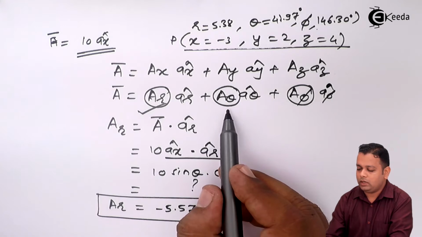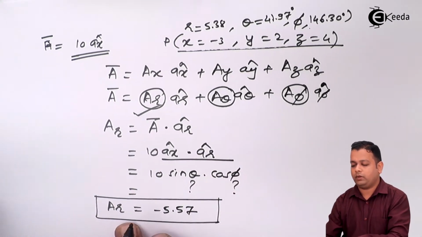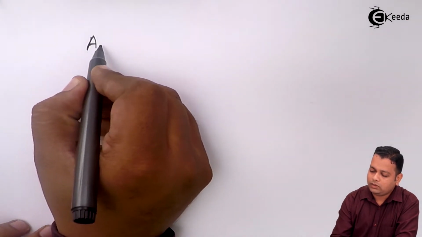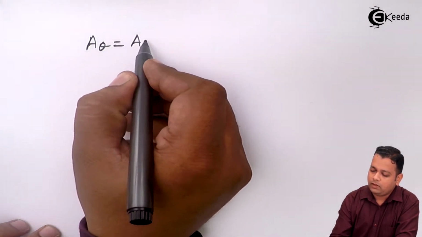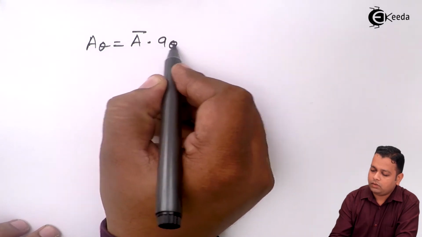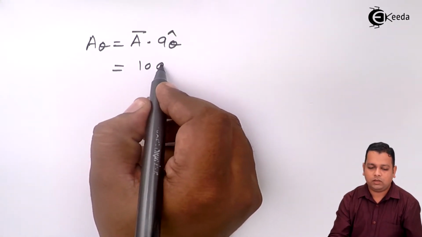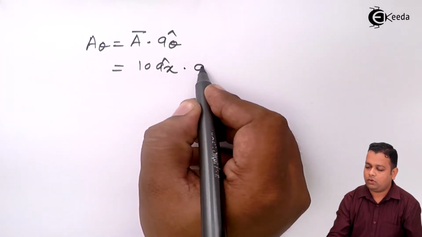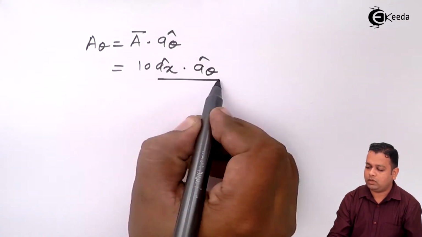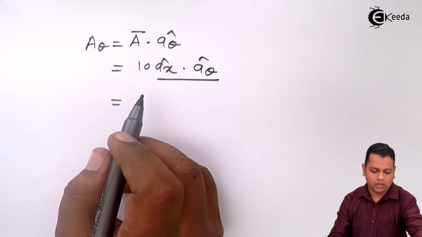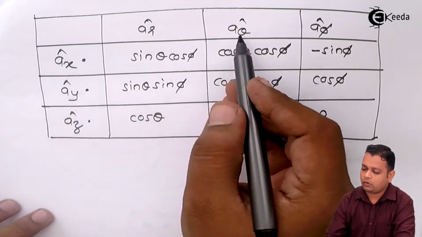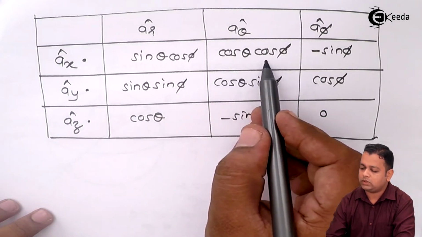Let us go for a theta. So as like a theta will be given by a bar dot of unit vector a theta cap. So a bar is tan ax cap dot of a theta cap. So ax cap dot of a theta cap is equal to cos theta cos phi.